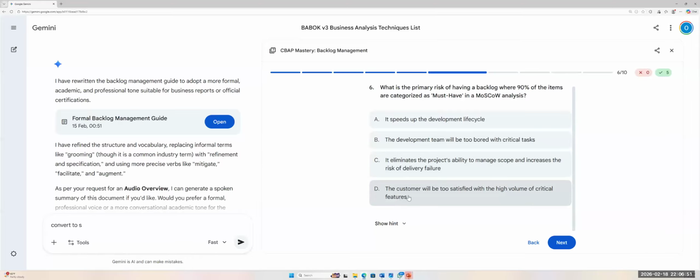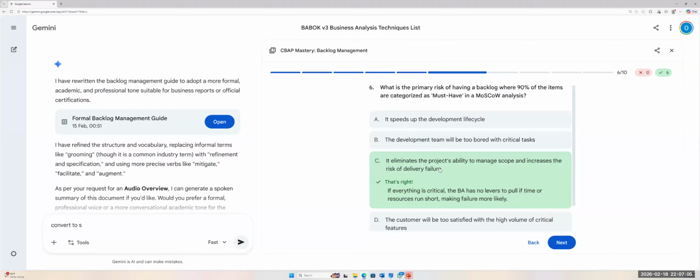The customer will be too satisfied with high volume of critical features. Well, not really. All right, so since you said C, if everything is critical, you have no levers to pull if time or resources run short, making failure more likely.